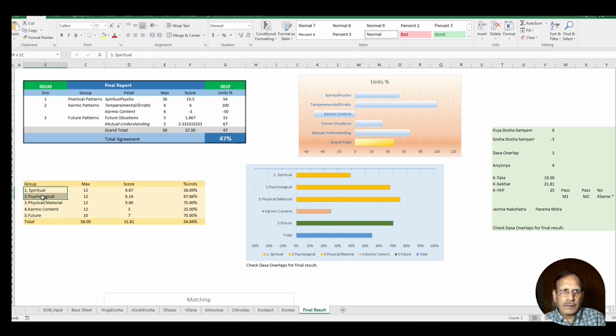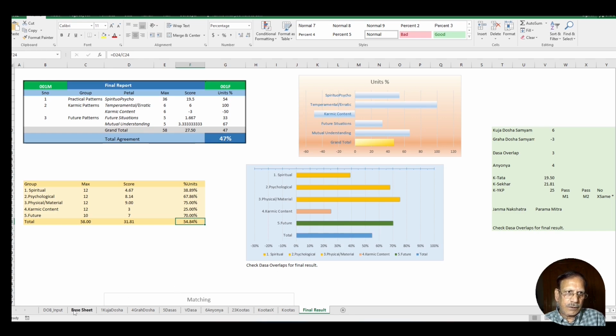And then there is one group of petals 2 and 3, the Rasi based and star based Kootas. So there are three groups. But the first group, your Koota based group, I gave again separately. This is what Mr. Ganeshan Srinivasan has given. This is group wise, so I made this chart.